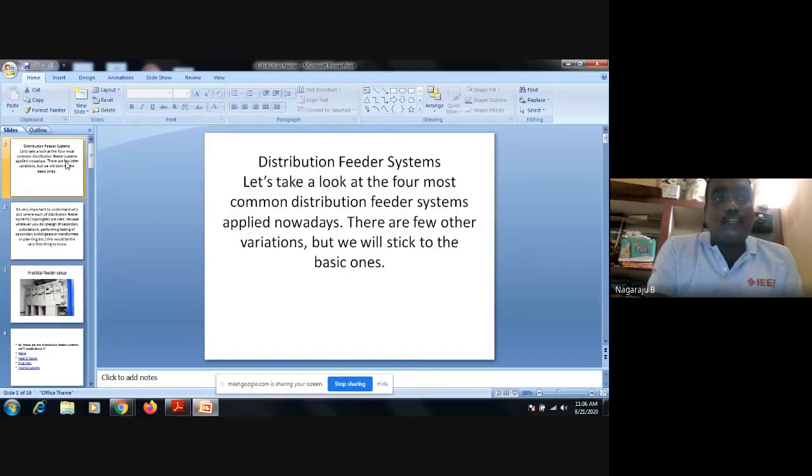So the distributor system, let's take a look at the most common distribution feeder types. Previously I went through three types: radial type, ring main type, and interconnected type. Here we also have loop type as a separate one. There are a few other variations, but we will stick to the basics.